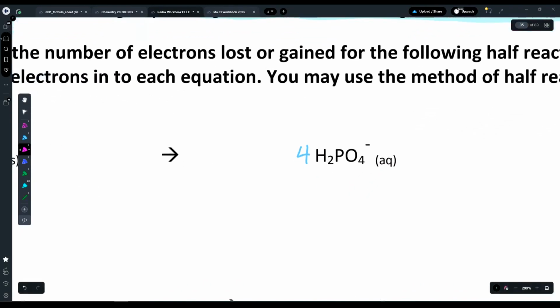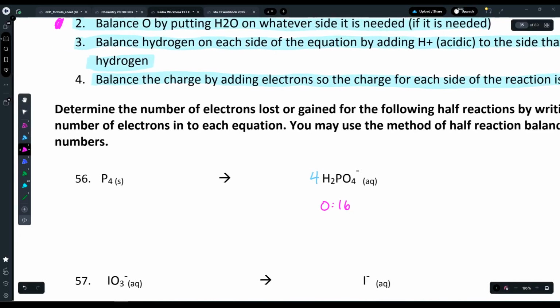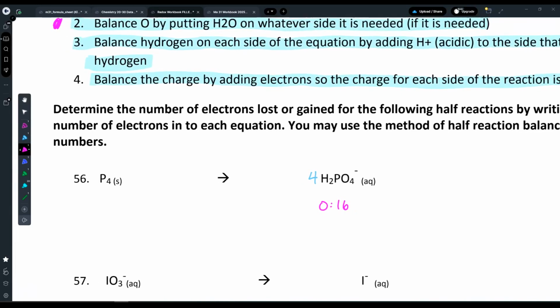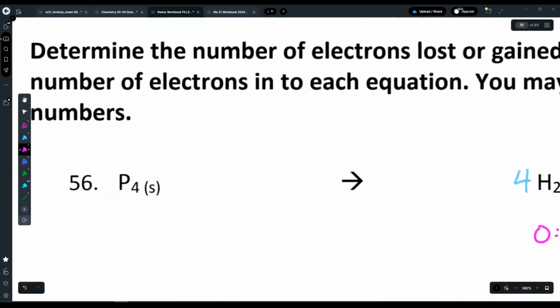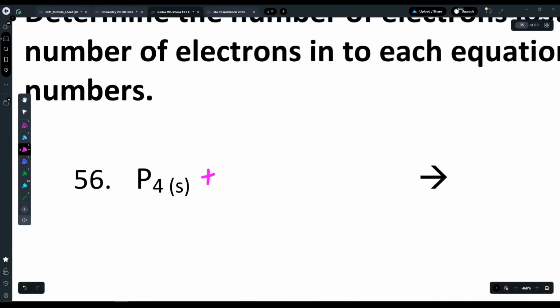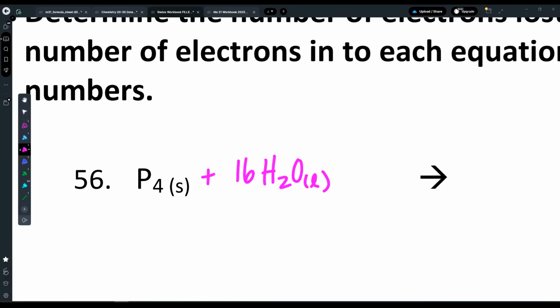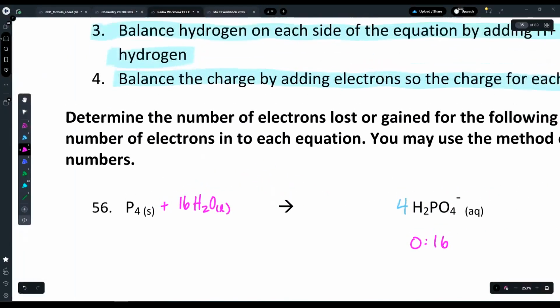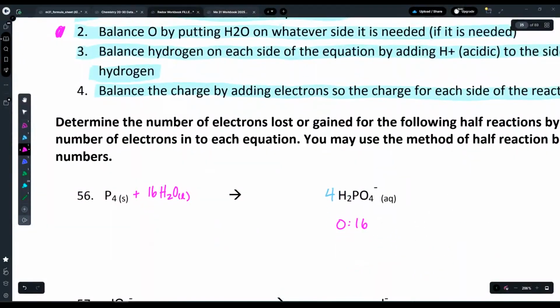As I said, over here we have 16 oxygens, and we don't have any oxygens on our reactant side. So we're going to balance it by adding water here. And it's going to be 16 waters because 16 times 1 oxygen gives us 16 oxygen. So oxygen is taken care of now.